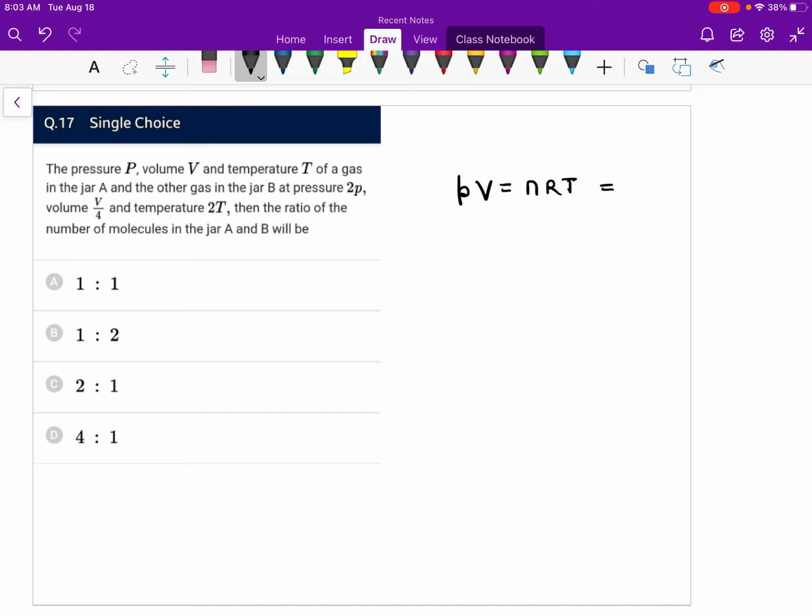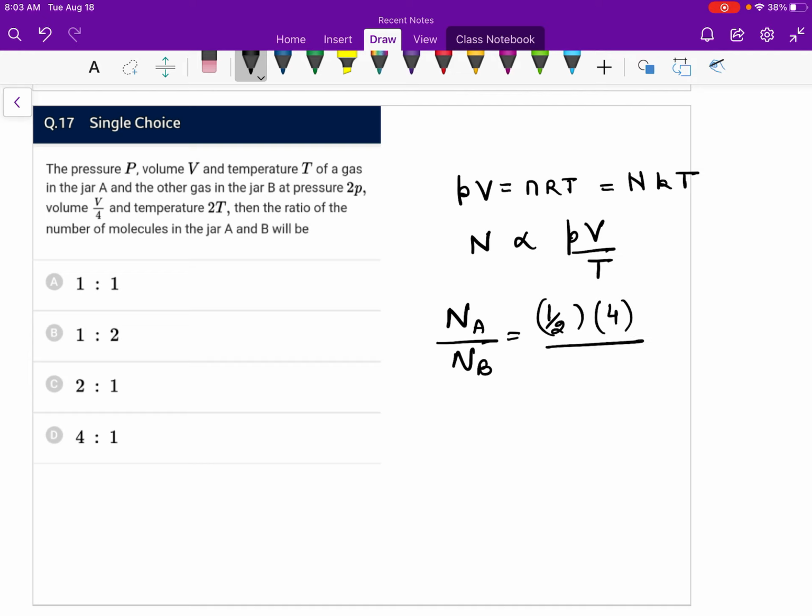R can be written as k into Na, so this is capital N kT. So capital N is proportional to PV upon T, so Na upon Nb. Now pressure in A is half of pressure in B, volume in A is 4 times volume in B, and temperature in A is half of temperature in B, so that is 4:1, so D is the correct option.